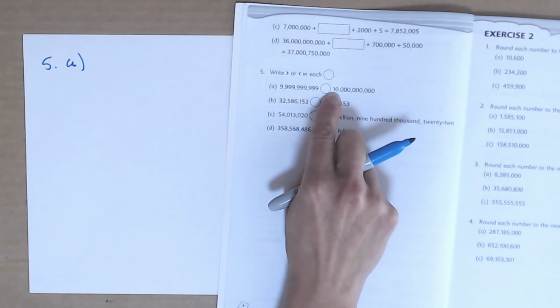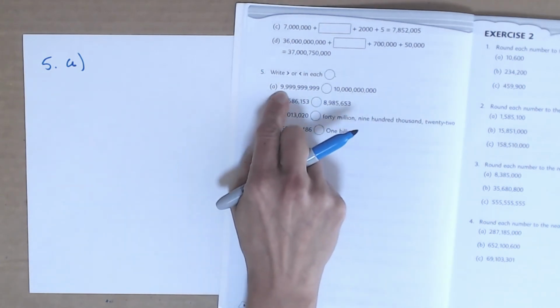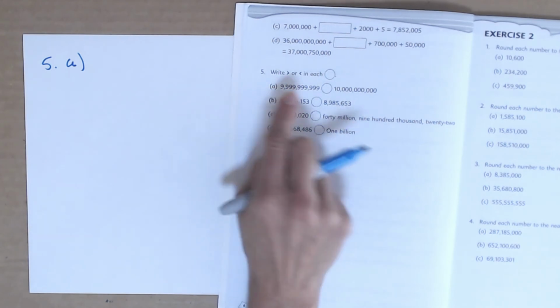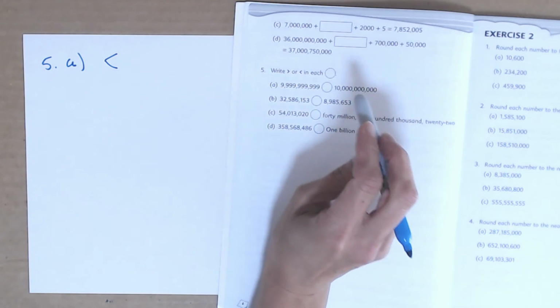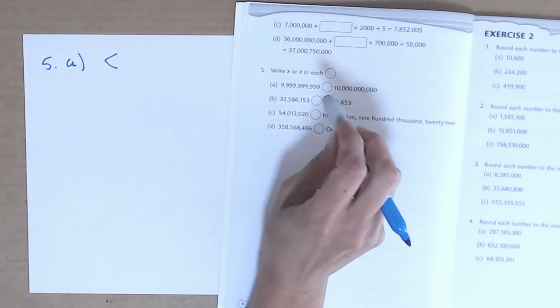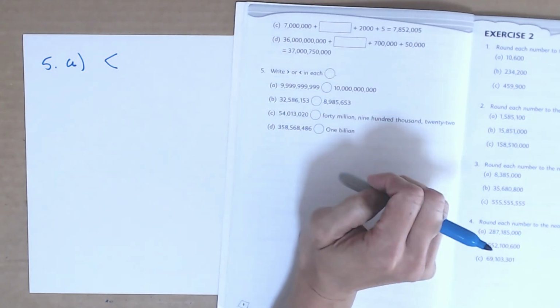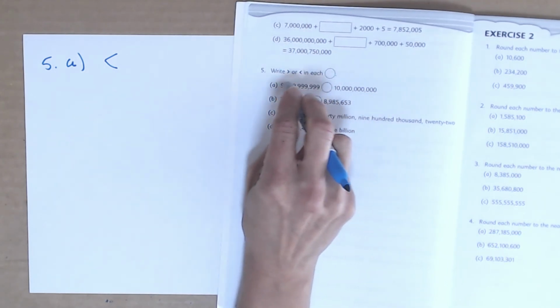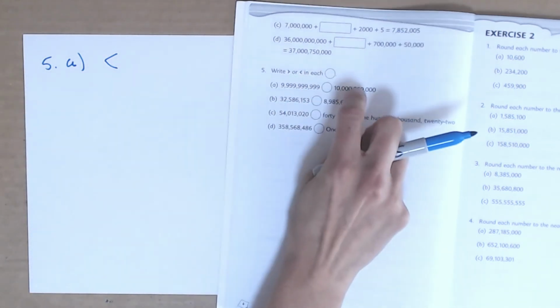It has a number in the 10 billions column. This one does not. This one only goes up into the 1 billions column. So for sure we know that this number is less than. And you might also realize if you add 1 to this number, you would get that number, because you would need another place value and you would end up with 10 billion. So this number is actually 1 less than that number.